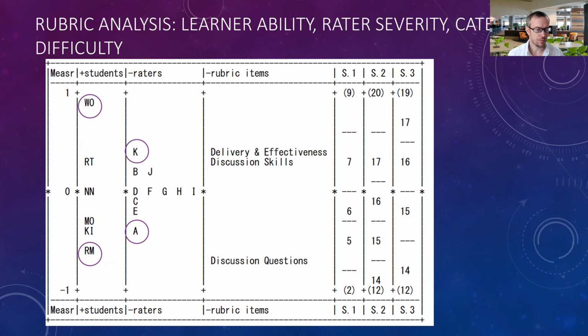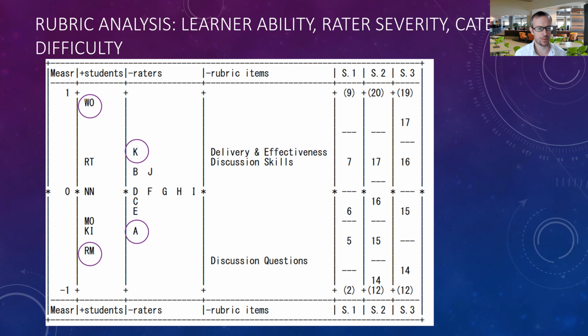So for some of these skills, we have 20 points, but maybe there's not 20 different levels of ability demonstrated in our test. So this part shows us the rater leniency, and we can see that rater A is the most lenient rater, and rater K is the strictest rater. This actually is quite good in terms of the raters. So they're all clustered close together, which basically means they're quite consistent in how they're applying the scores in some respects.